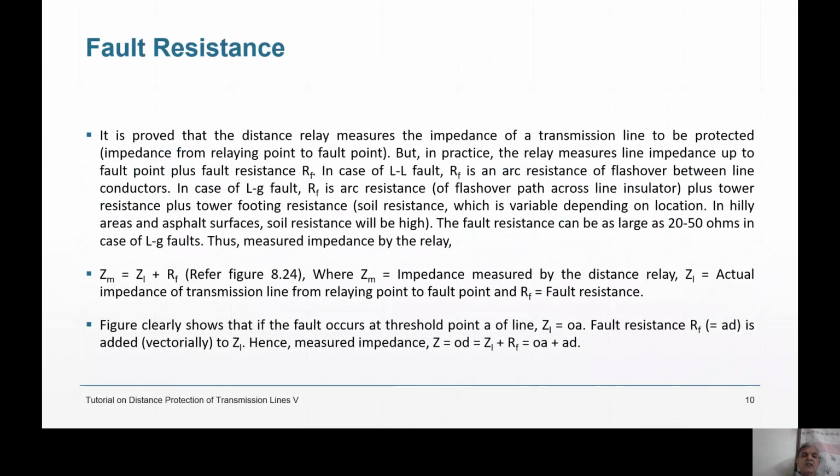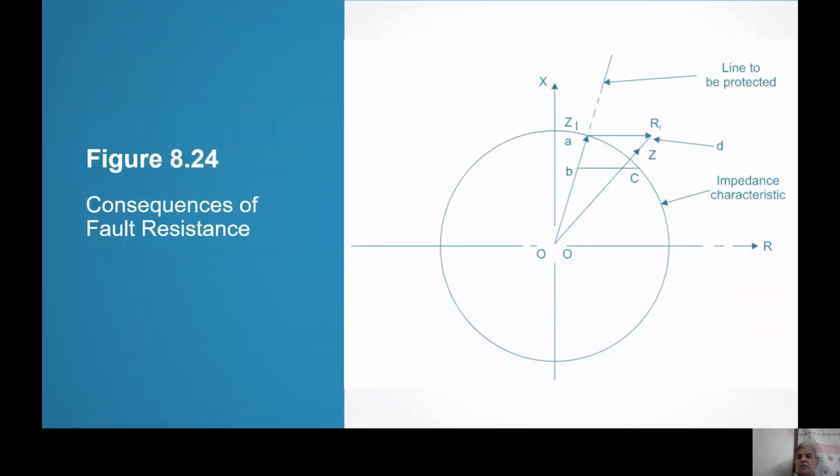Fault resistance, as I was telling, the relay measures fault resistance also. And when it measures that, what does it mean? It means this, that my impedance circle is this. OZ1 is the impedance where the fault has occurred at A, at threshold point A, and the impedance measured should be Z1.